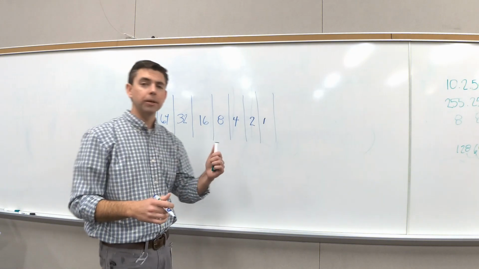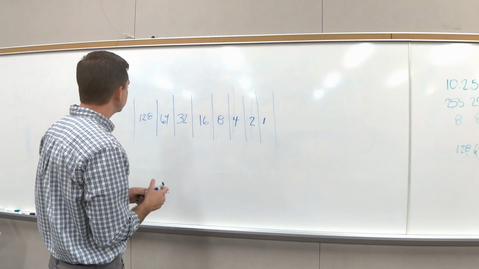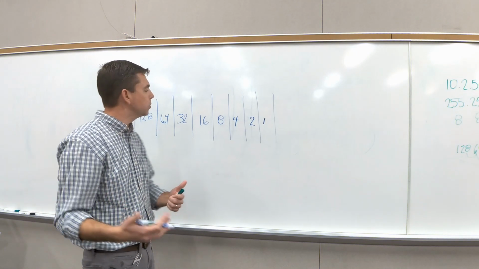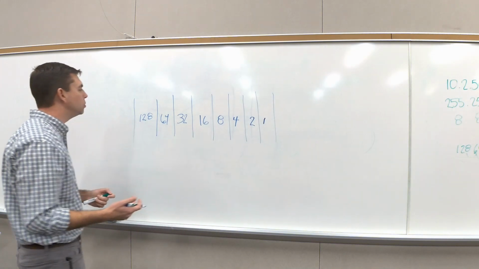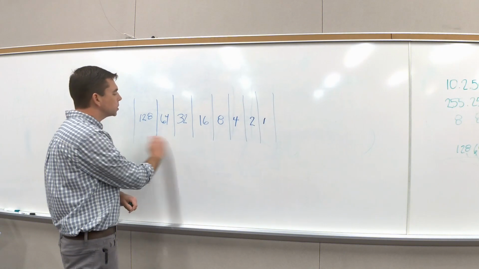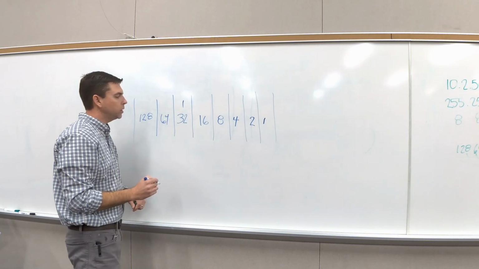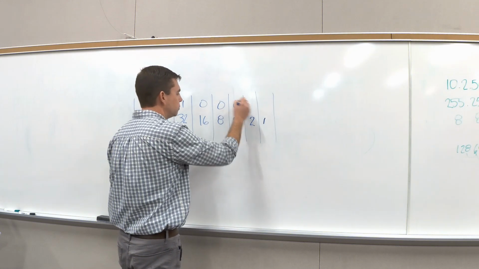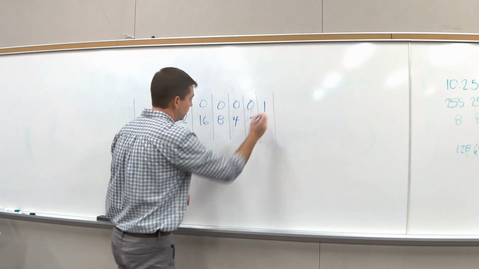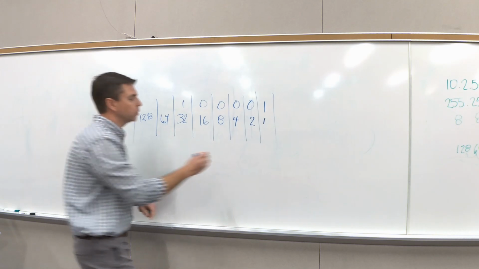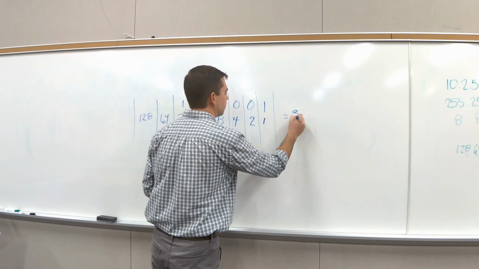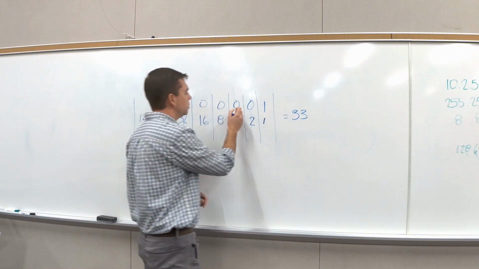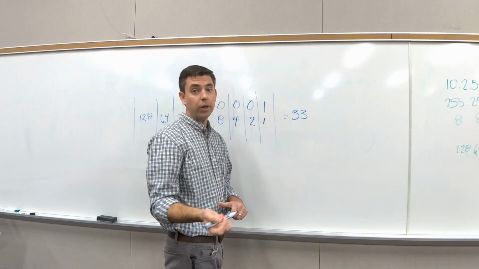So the base 2 system is built something like this. Let's say we have a number that we want the computer to create. Let's say we want to do 33. So we get as close to 33 as we can, which is 32. And then 16 is too far, 8 is too far, 4 is too far, 2 is too far, but one more would make 33. So in the computer's world, 1, 0, 0, 0, 0, 1 is 33.